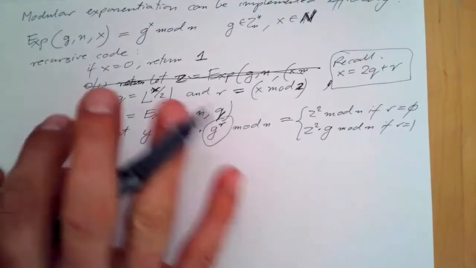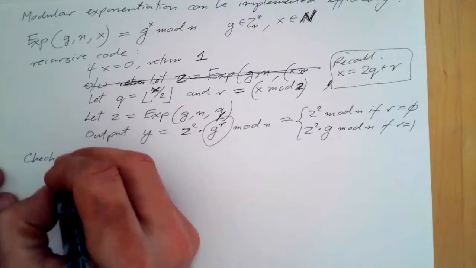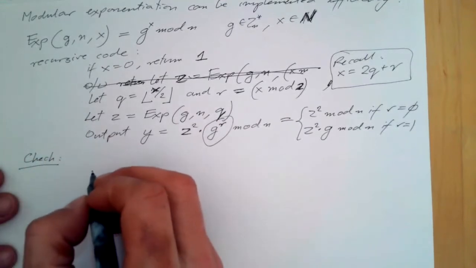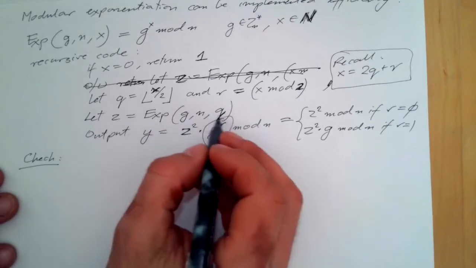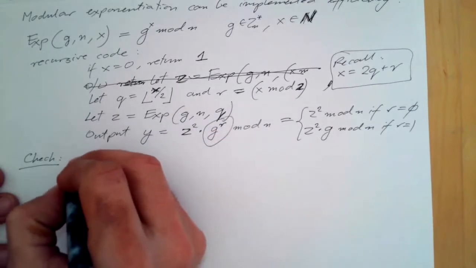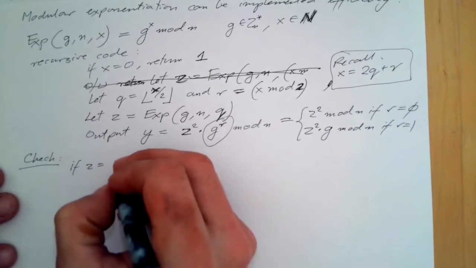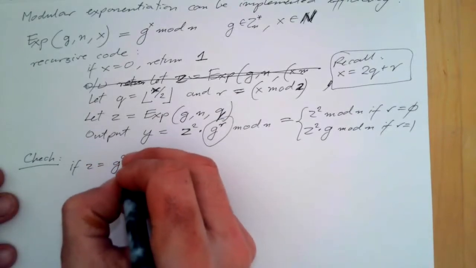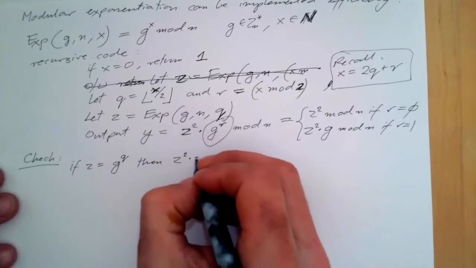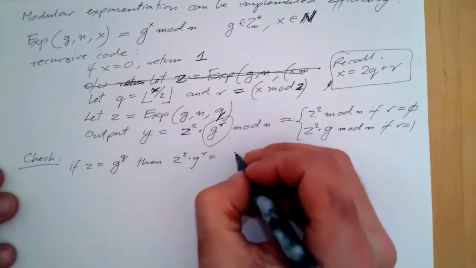Let's check that this recursive code works. Let's say that the recursive call is correct. If Z is indeed G to the Q, then Z square times G to the R is what?